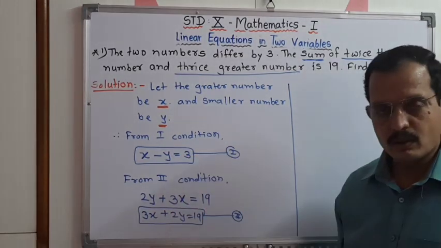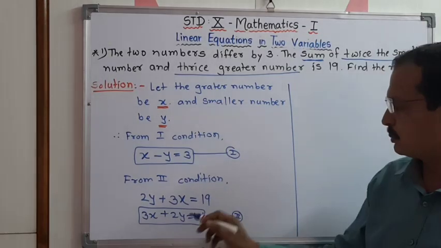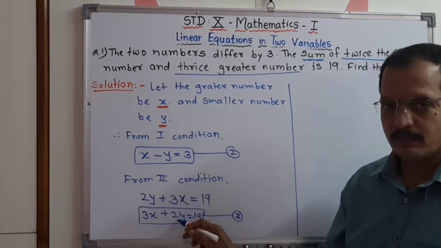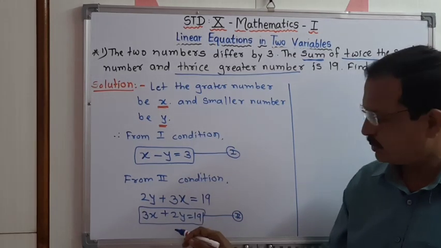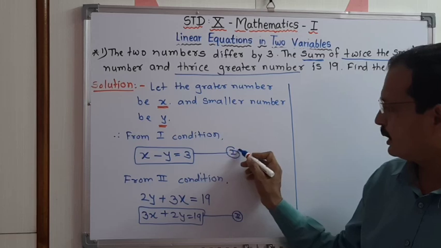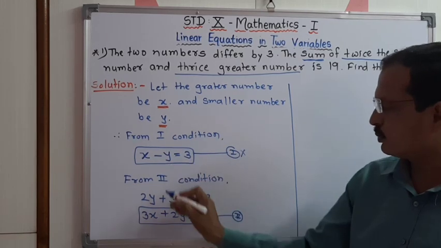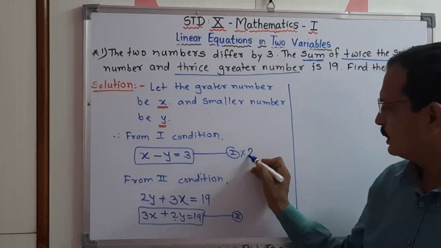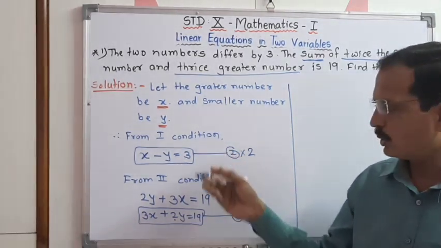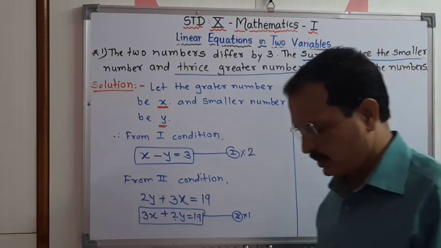We have to make the coefficient same. If we make the coefficient of y variable same, it is easy to do the addition because signs are different. Therefore, for making that, we have to multiply equation 1 with this 2 and equation 2 with 1, and after getting, we have to add that equations.